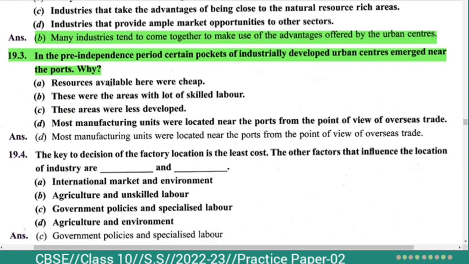D. Most manufacturing units were located near the ports from the point of view of overseas trade. Here the correct answer is option D. Because most manufacturing units were located near the ports from the point of view of overseas trade.